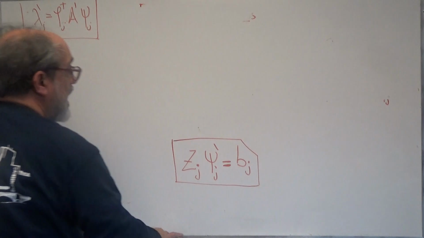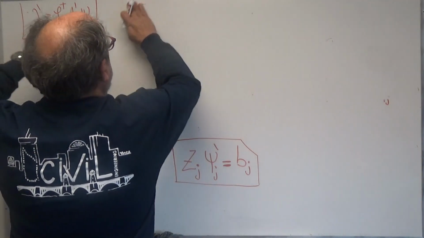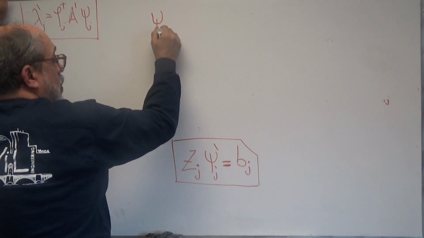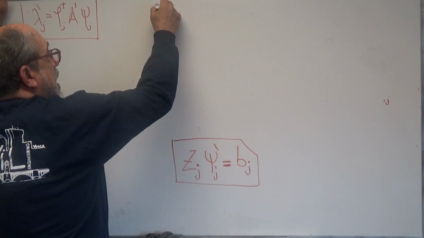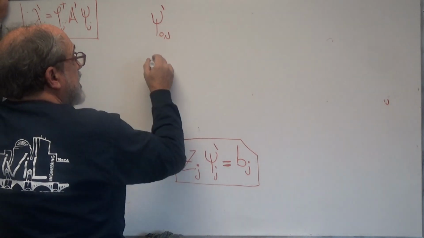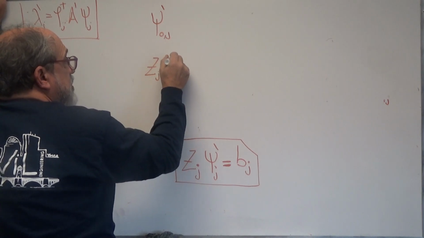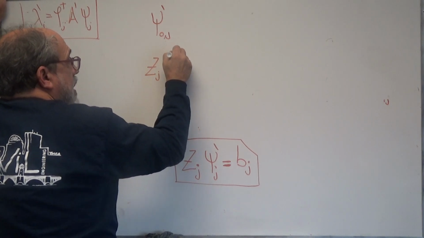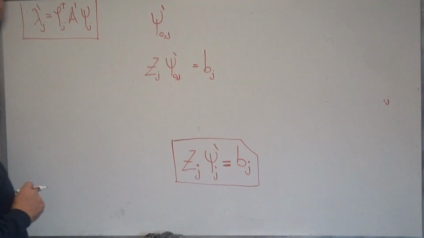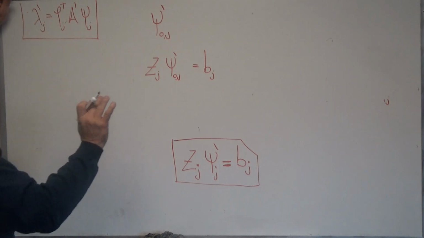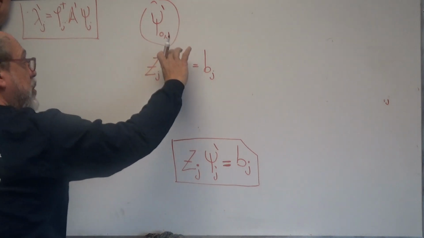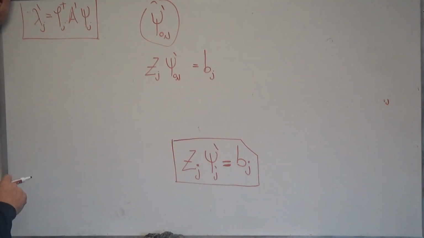What it means is, imagine that I postulate that phi 0j prime is something such that Zj times phi 0j prime is in fact equal to bj, okay? Don't worry right now about how I got this. That doesn't matter. The point is, let's just say that I know that if I put that vector here, I get the right answer, I get the right side.